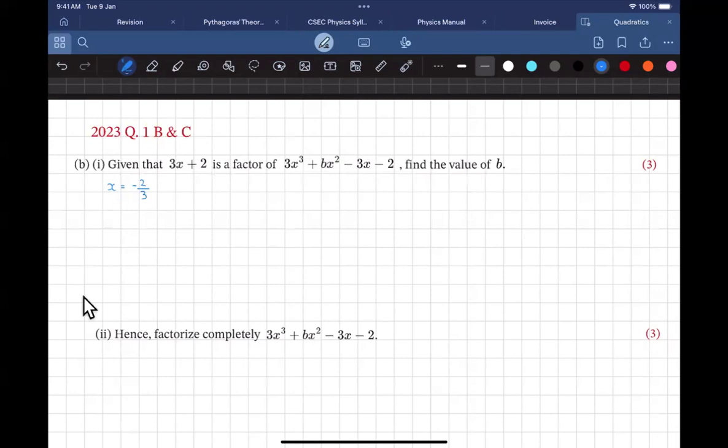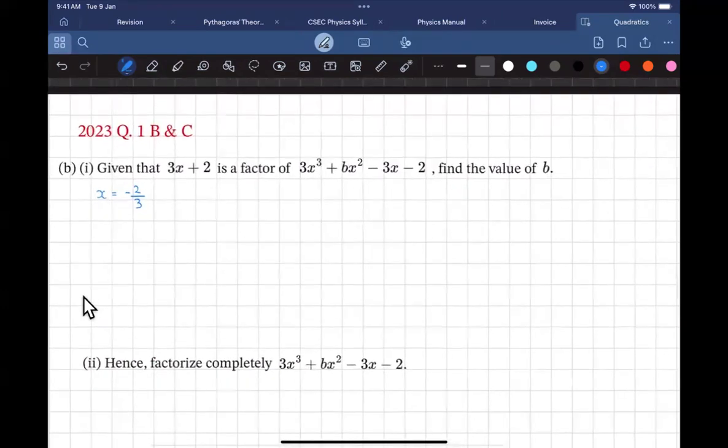Next step. You replace x with minus 2/3. Right. And I'm going to put everything equal to what? Since it's a factor, 0. Yes.